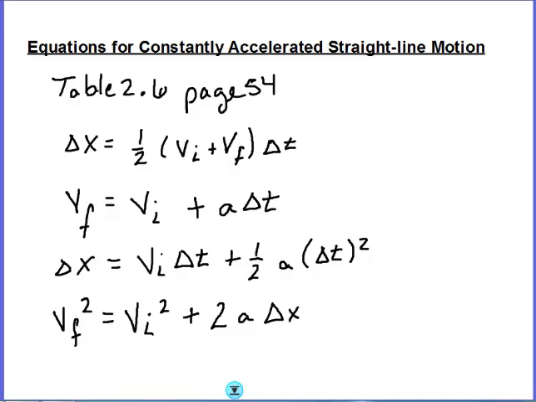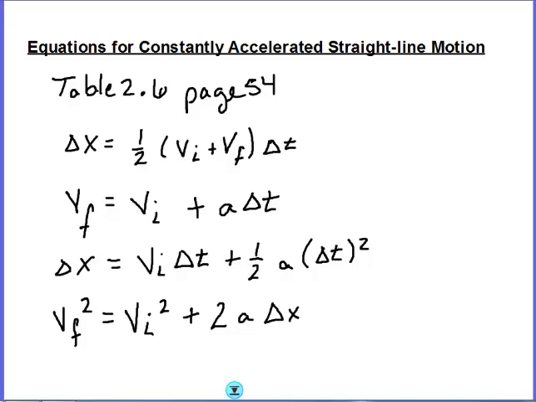So we've got delta x is equal to 1/2 the sum of the velocities, initial velocity plus final velocity, times delta t, or change in time. We also have the final velocity is equal to the initial velocity plus acceleration times time.